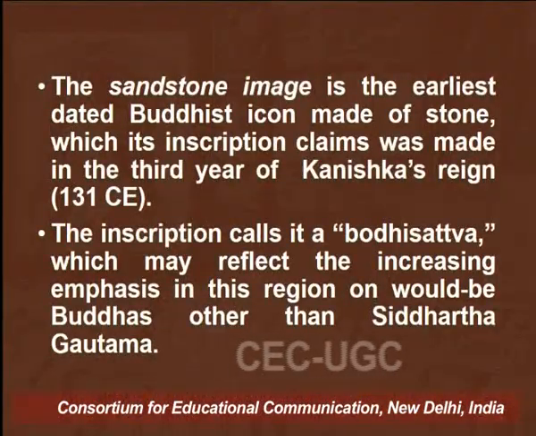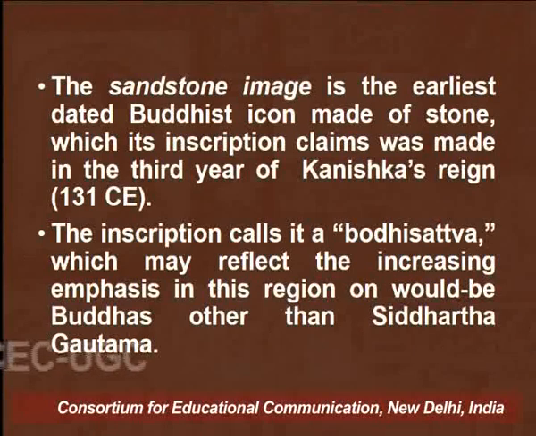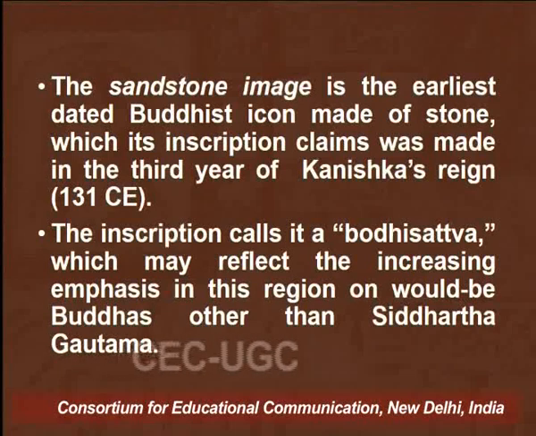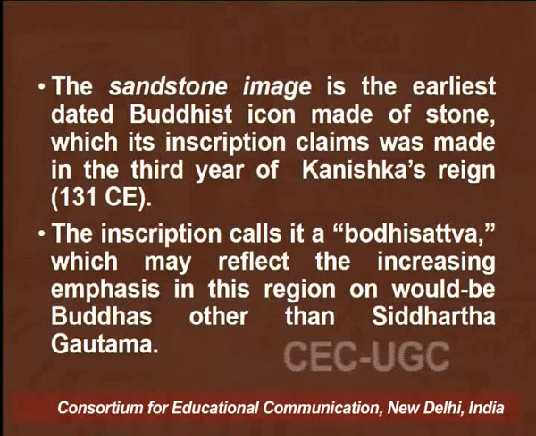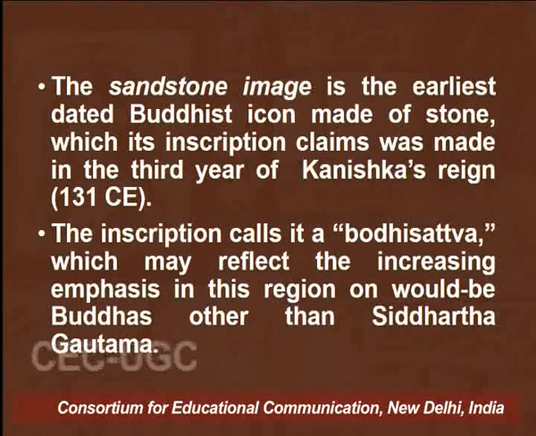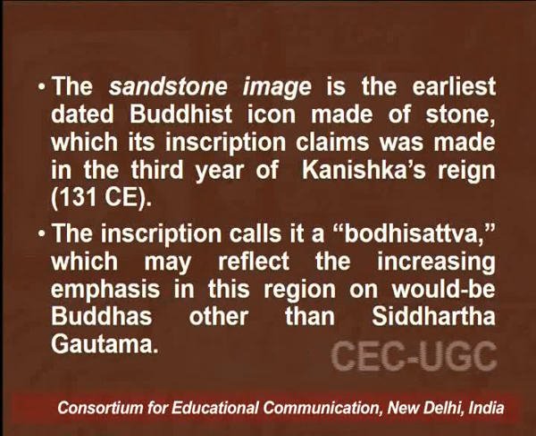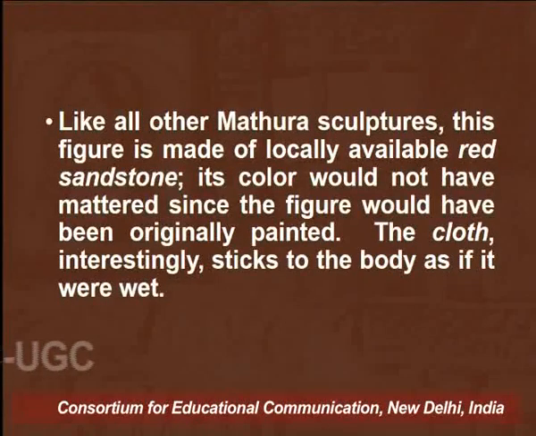The sandstone image is the earliest dated Buddhist icon made of stone, which its inscription claims was made during the 3rd year of Kanishka's reign, that was around 131 CE. The inscription calls it a bodhisattva, which may reflect the importance in this region of Buddhas as well as several other forms of Buddha.